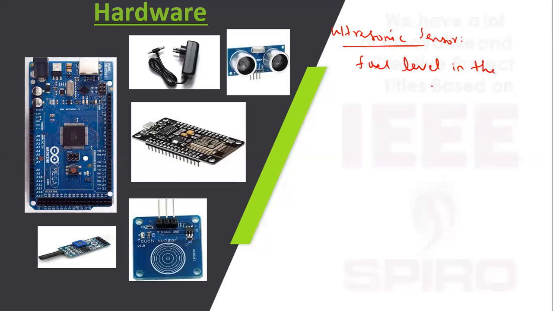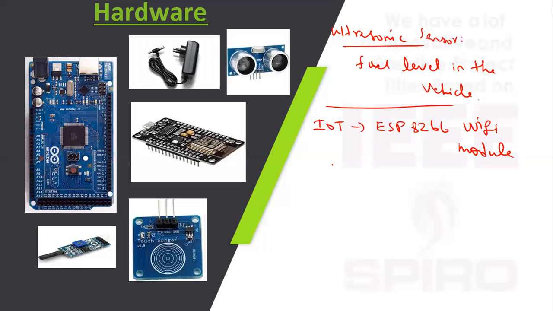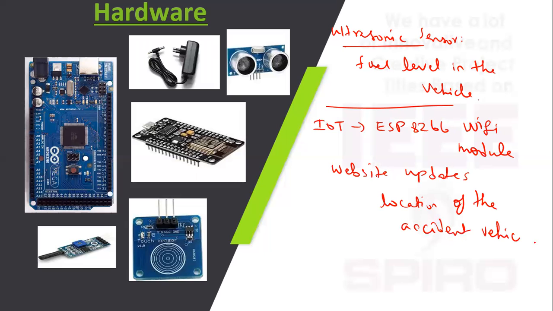For IoT, we are using the ESP 8266 Wi-Fi module, which updates the location of the accident on the website.